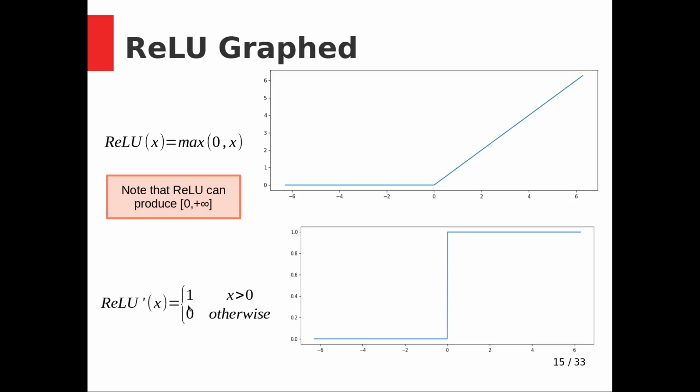The way that I wrote this down, 1 if greater than 0, 0 otherwise, ReLU prime of 0 would be 0, because 0 is not greater than 0.